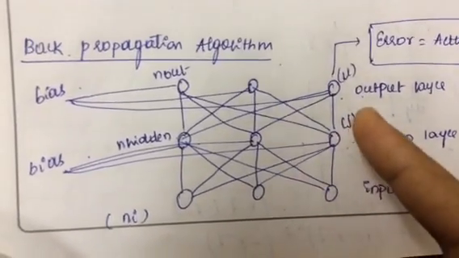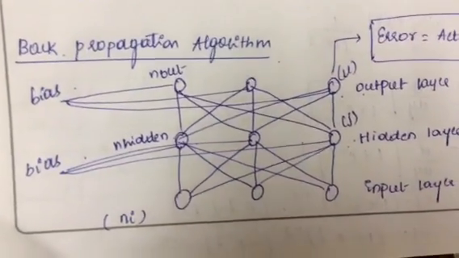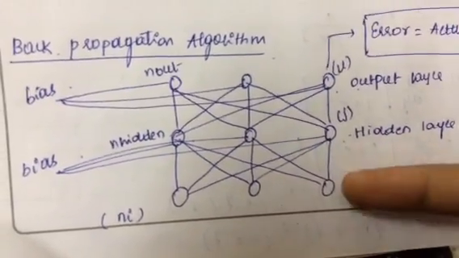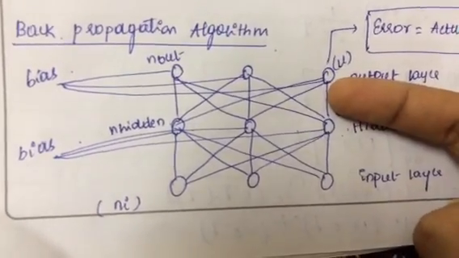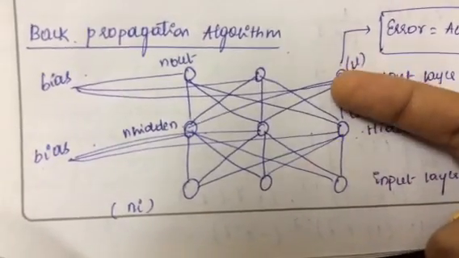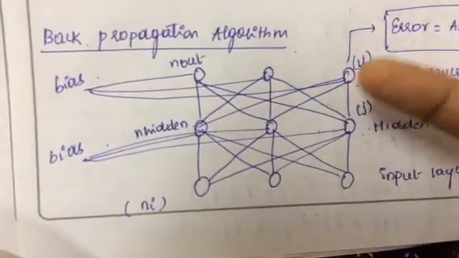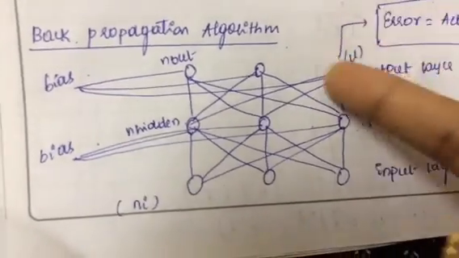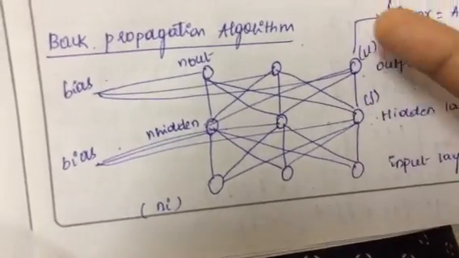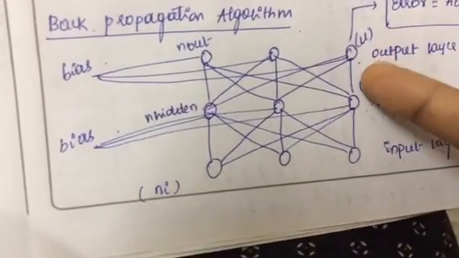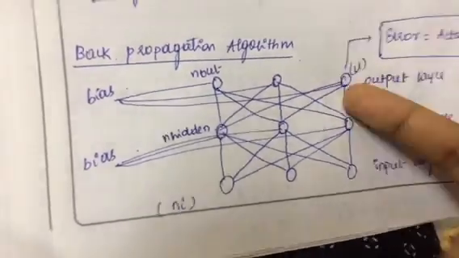Moving in the forward direction, we perform the summation function and then the activation function. Initially we have assumed some random values, and delta wi is set to 0, and we get the output at the u layer, which is the output layer. Understand the notations carefully: this is represented as i, this is j, the hidden layer, and this is u.